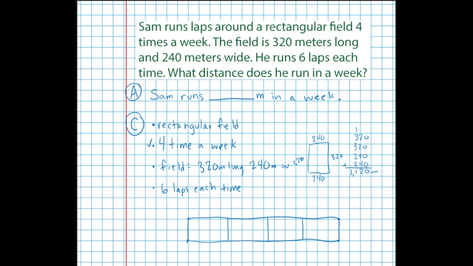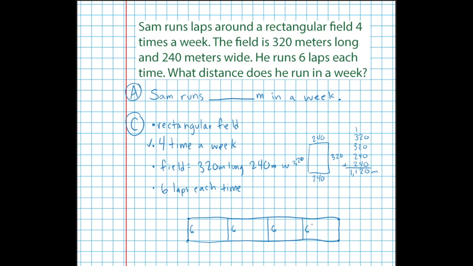6 laps each time. So each time, well, there's 4 times here, and each time he's going to run 6 laps. So I could actually put a 6 inside of each of these boxes because I know he's going to run 6 laps every visit to the field.